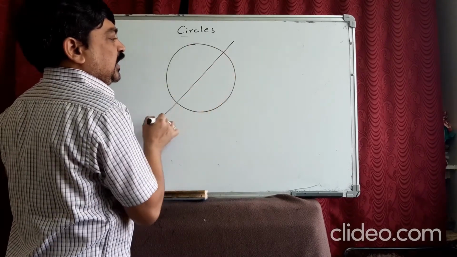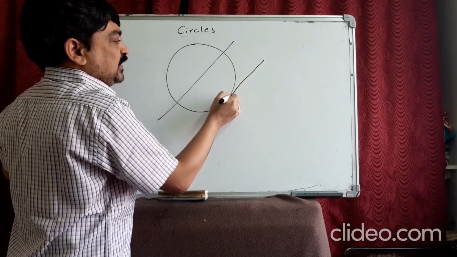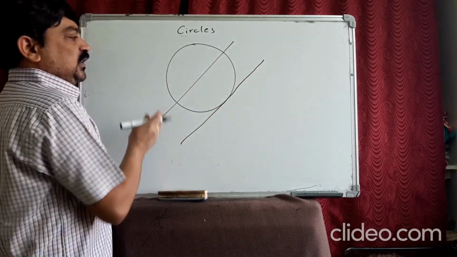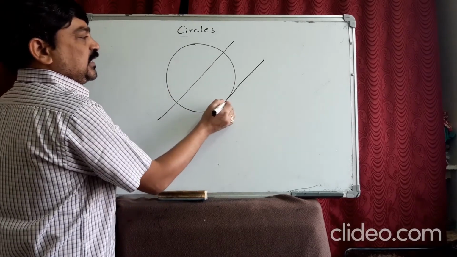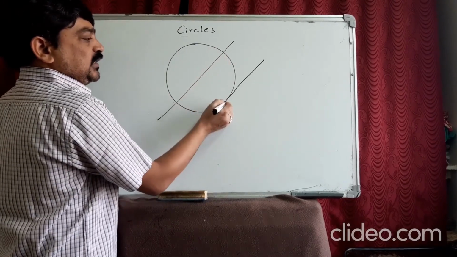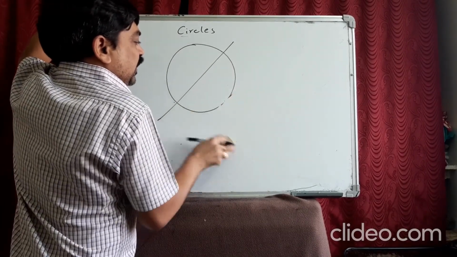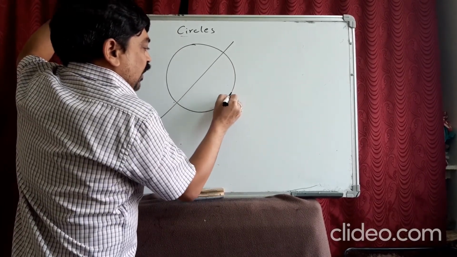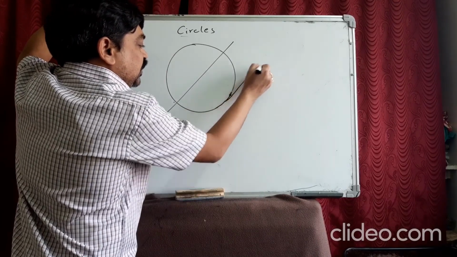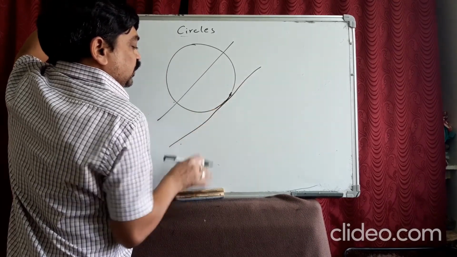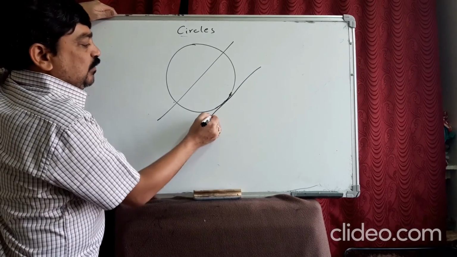One should be a secant line and one should be a tangent. A secant line passes through 2 points. A tangent line passes through 1 point. Actually, we have to draw the tangent very carefully. It should meet at only 1 point. You might have understood this in the constructions chapter also. The tangent should always meet a circle in a single point.